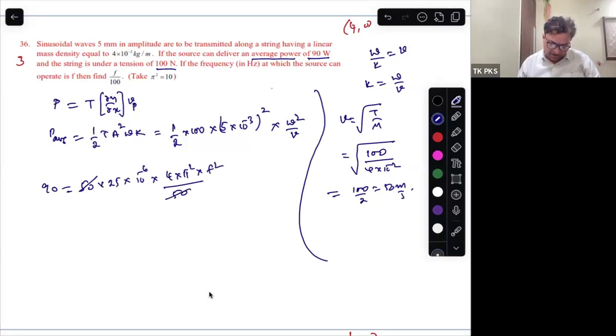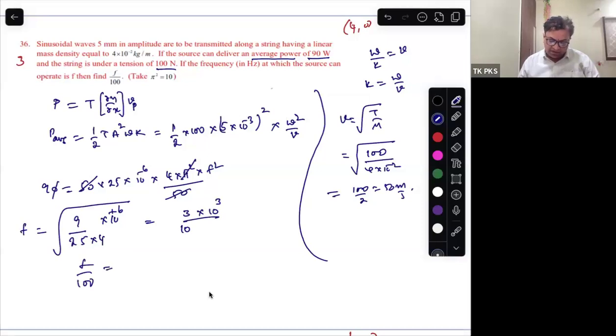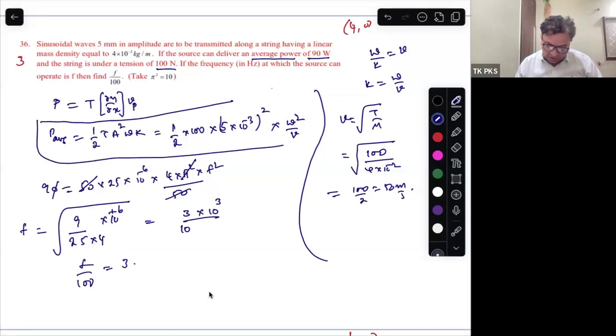Pi square can be taken as 10 as informed. Now what will happen is 9 by 25 into 4 into 10 power plus 6, under root is frequency. This will become 3 into 10 to the power of 3 by 10. Actually, f by 100 is 3. The only thing is formula based. This formula, if you know, you are done.